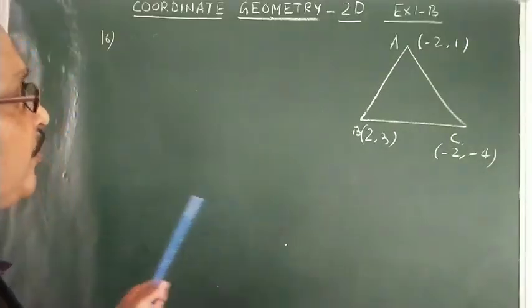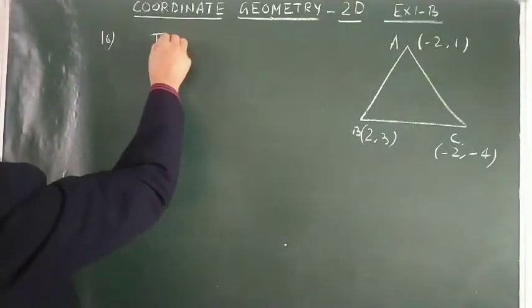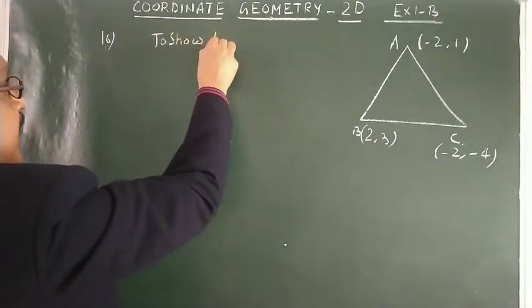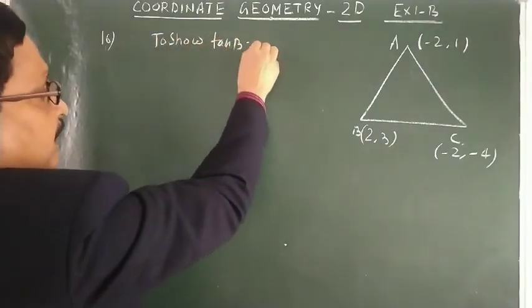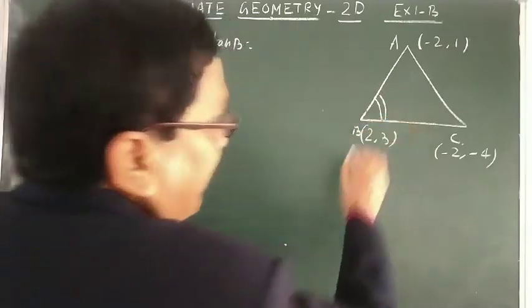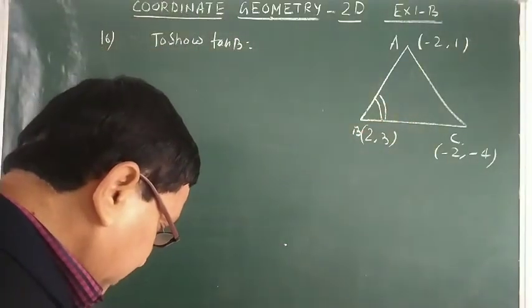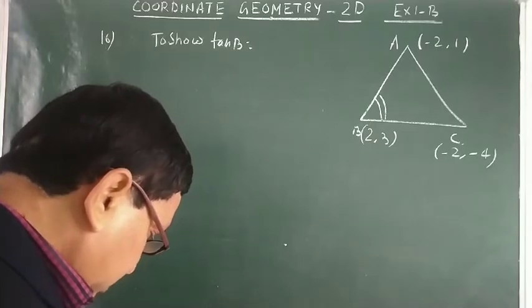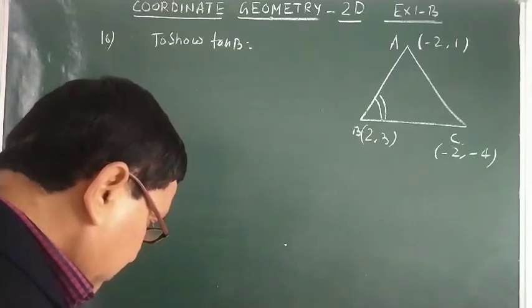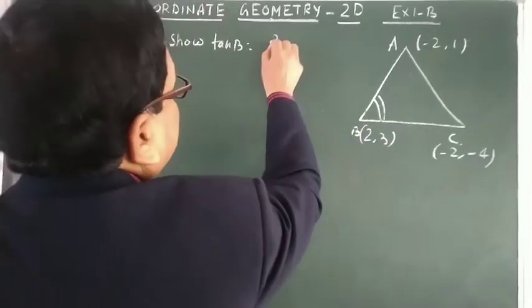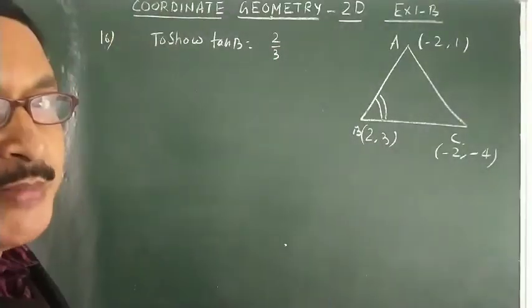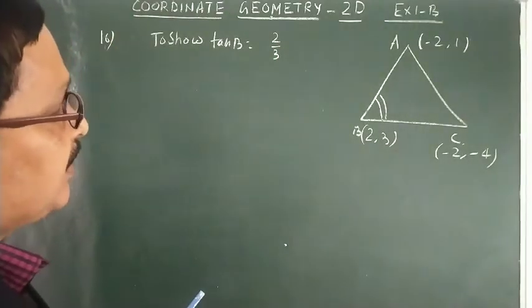We have to prove that tan B is equal to 2 by 3. The tan of this angle is required. Tan B is equal to 2 by 3. We have to prove this.